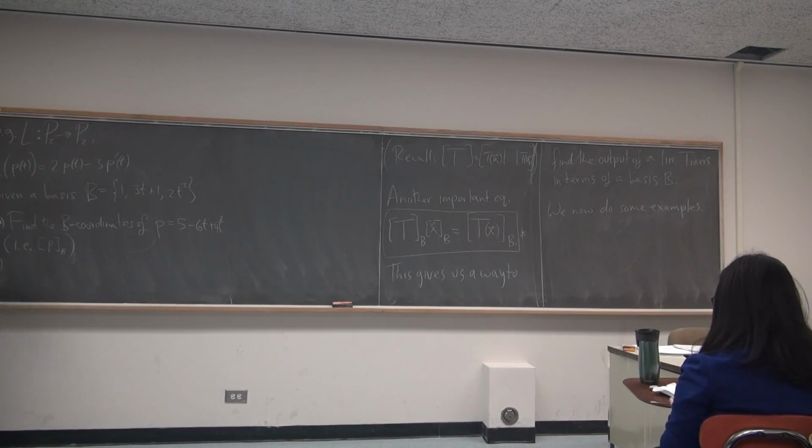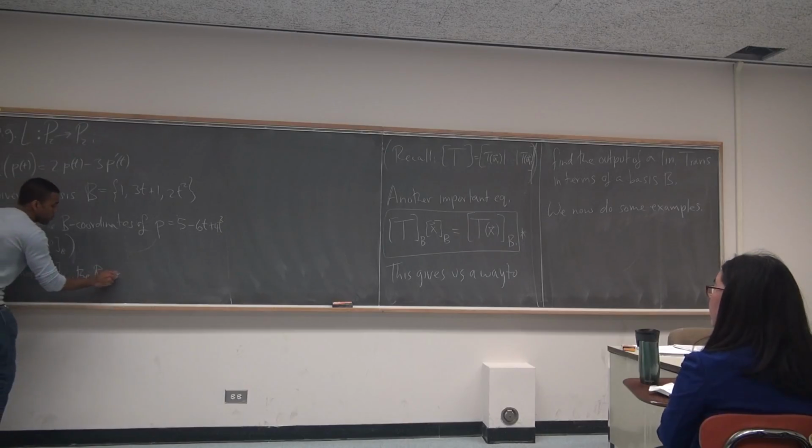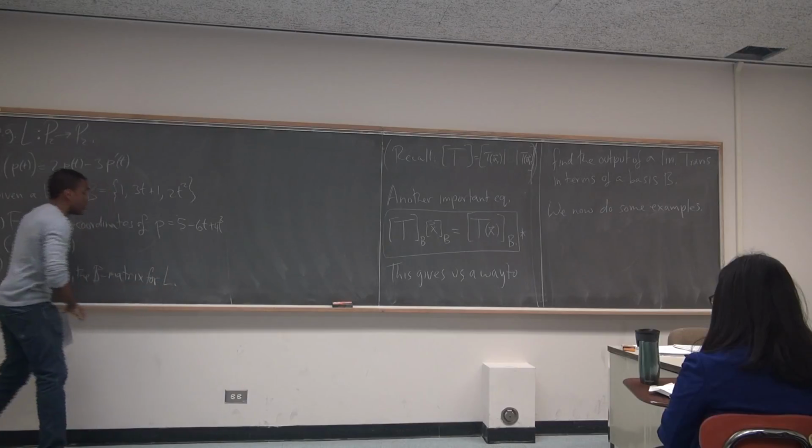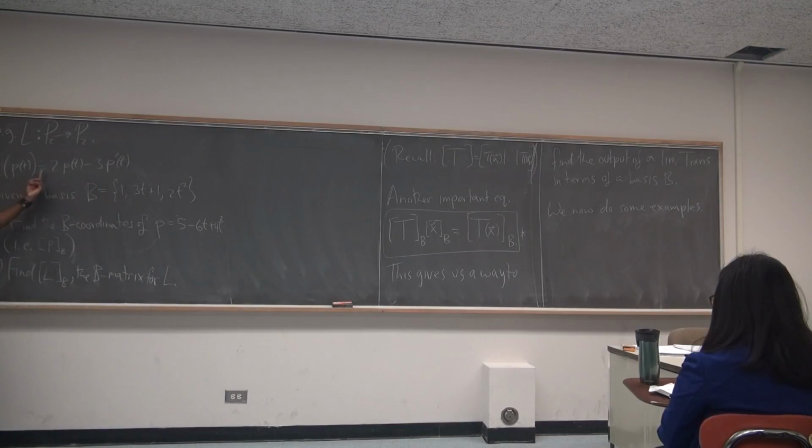Part B says find L_B, the B matrix for L. So I want to find the standard matrix that does this operation, but I want the column vectors to be in terms of this basis.